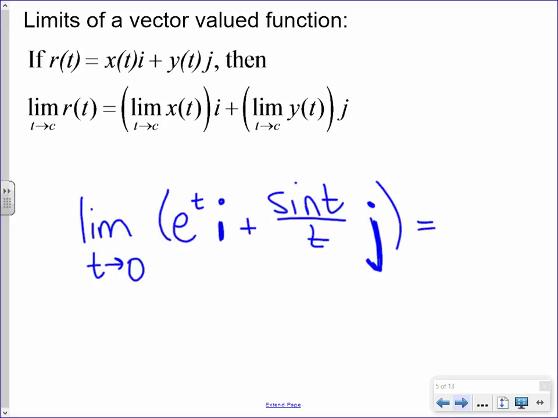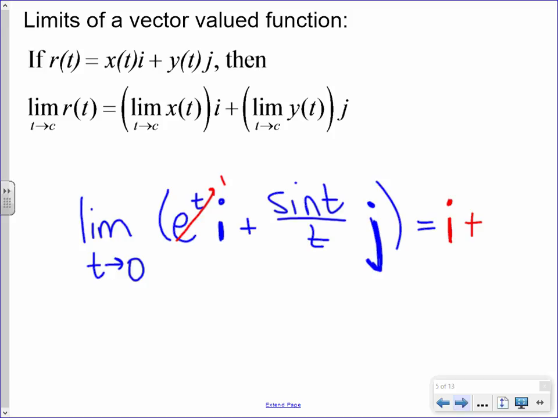E to the t when we plug in 0 again. Okay, so since this limit is 1, we have 1i plus the limit as t approaches 0 of sine of t over t, which is 0 over 0.